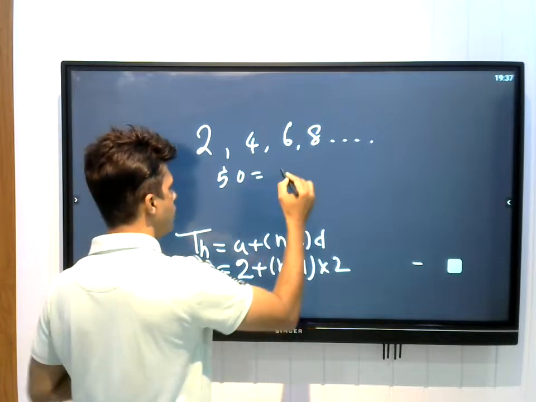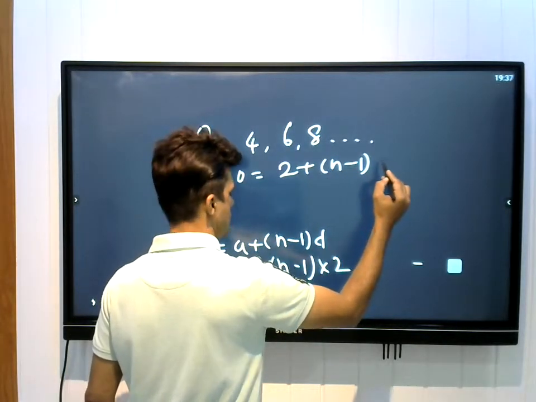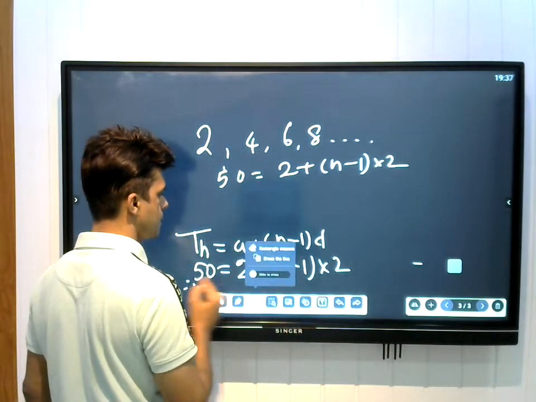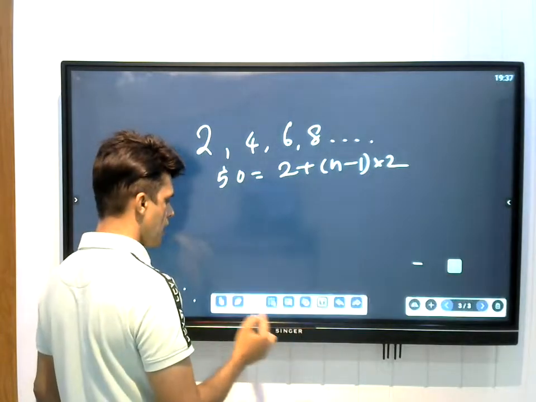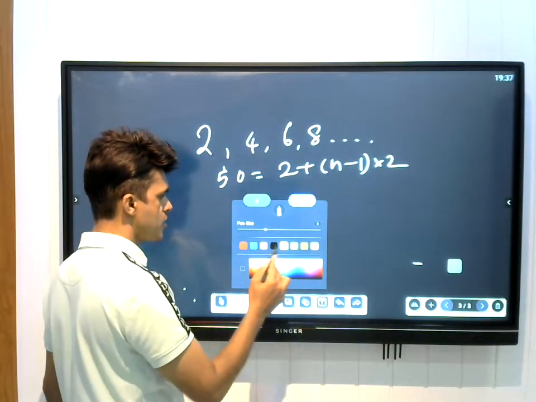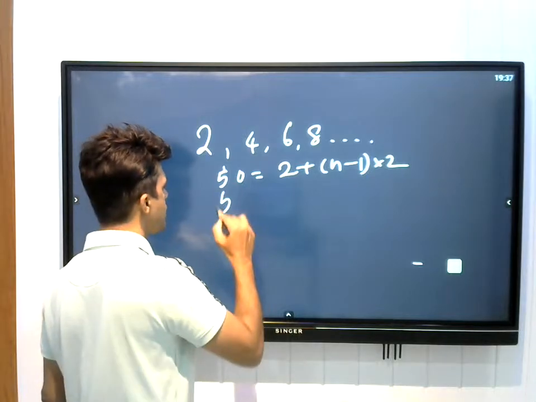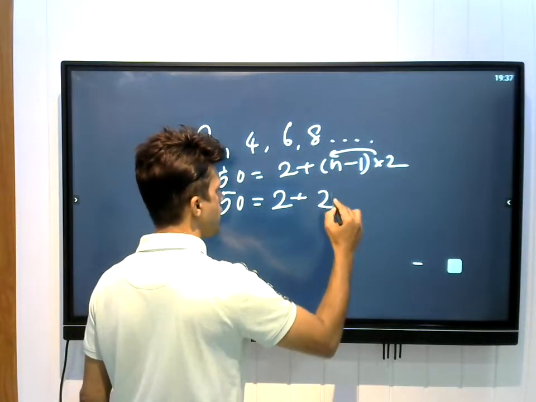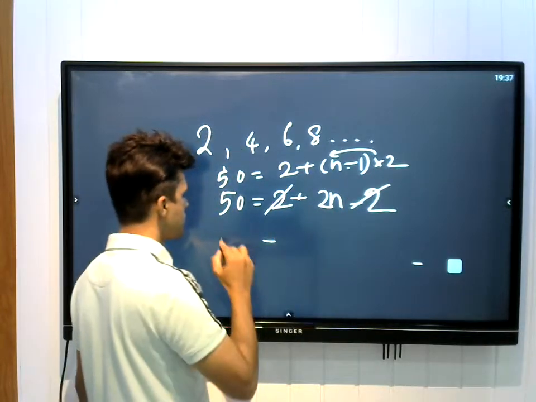Let's get the value of n here. Let's remove the bracket. You could use the knowledge of equations to get the value of n. 50 equals 2 plus 2n, then plus 2 and minus 2 can be simplified.